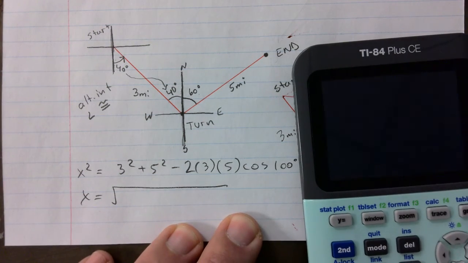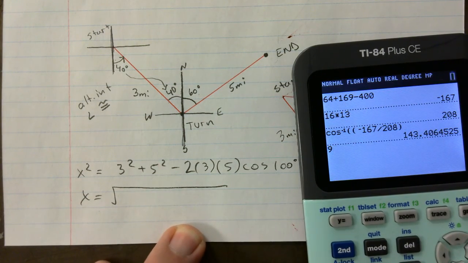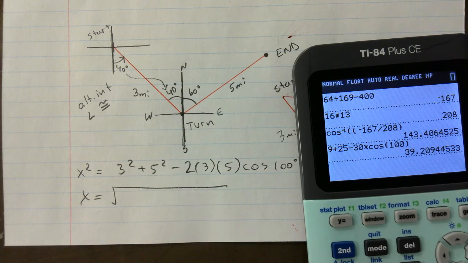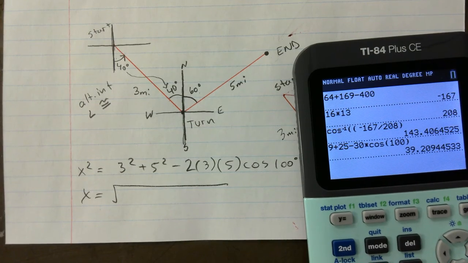So let's do this. 9 plus 25 minus 30 times cosine of 100. Oops. There we go.